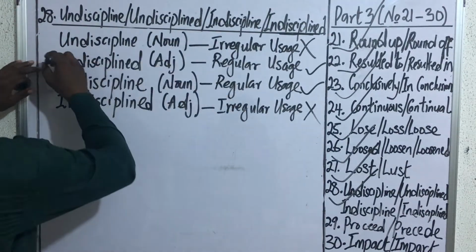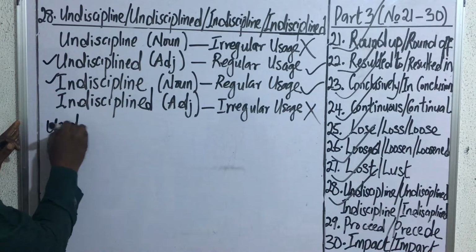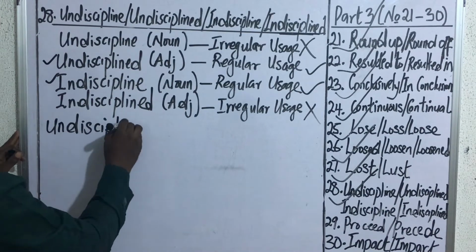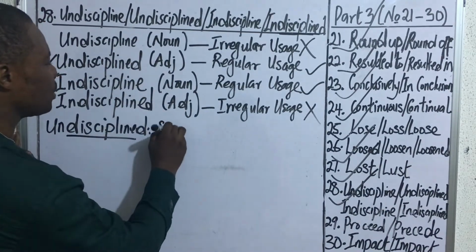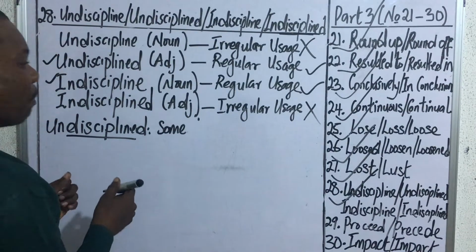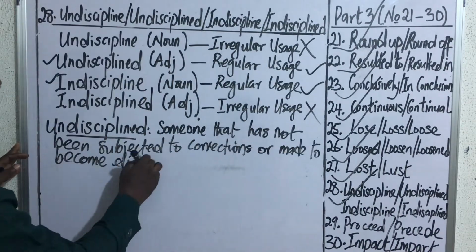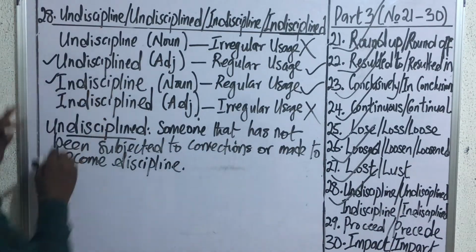So we are going to be looking at just these two. Now, what's the meaning of undisciplined? It means someone that has not been subjected to correction, or that has not been made to become disciplined. Then for the second one, indiscipline.